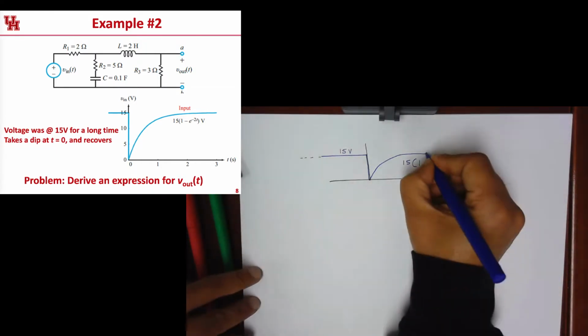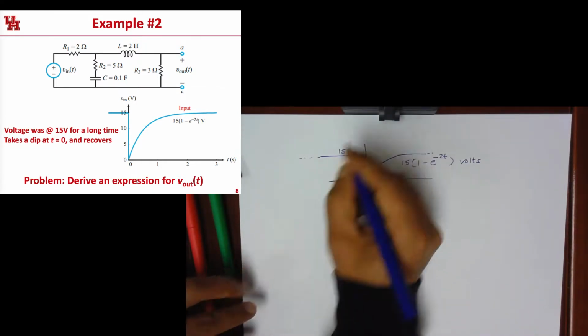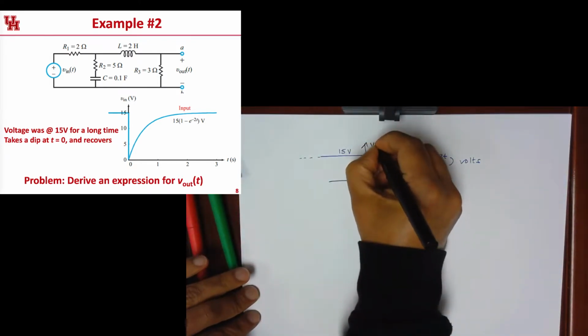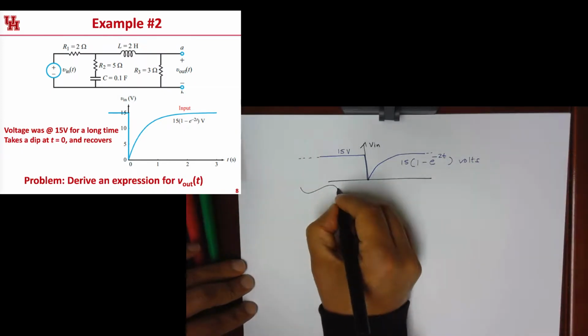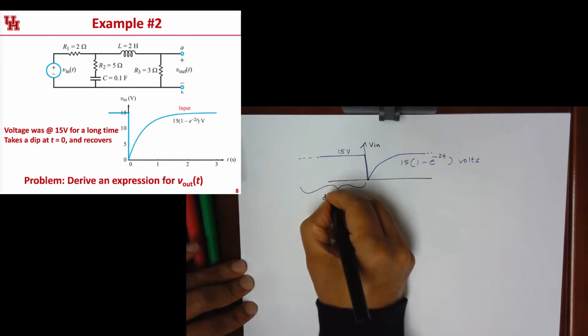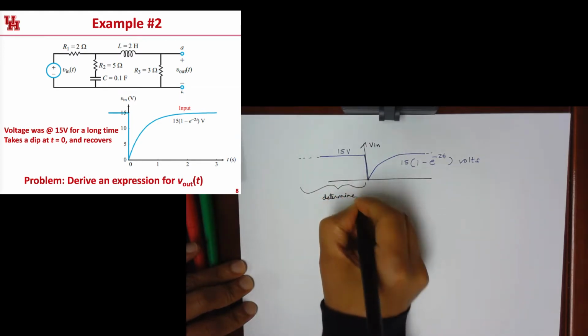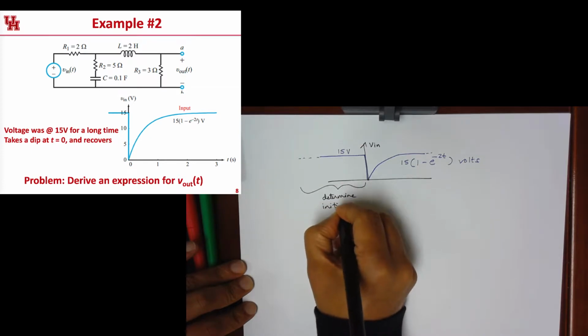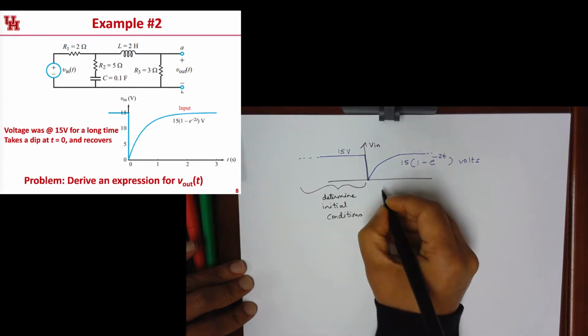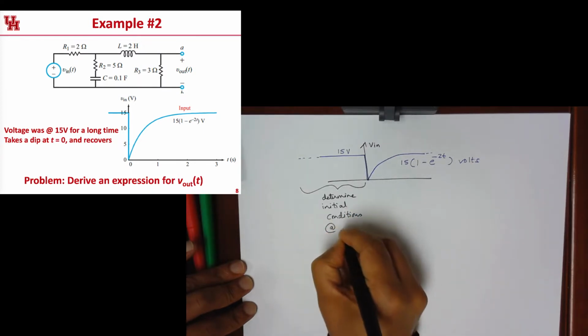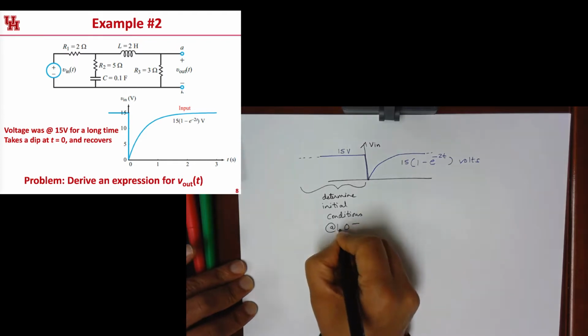So basically this voltage is like a glitch. We can think of this waveform as a glitch, and this is our V input. In order to solve this circuit, we need to do two things. First of all, we need to analyze this part and determine the initial conditions at t equals 0 minus.